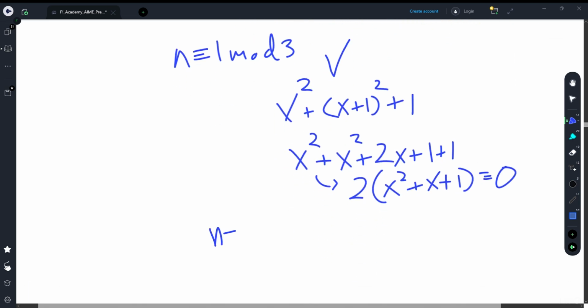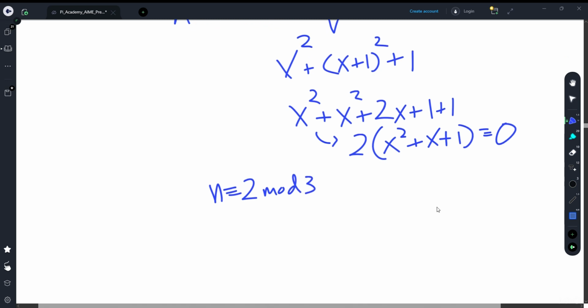And lastly, n is equal to 2 mod 3. Doing this, we get x to the 4th plus x plus 1 to the 4th plus 1.